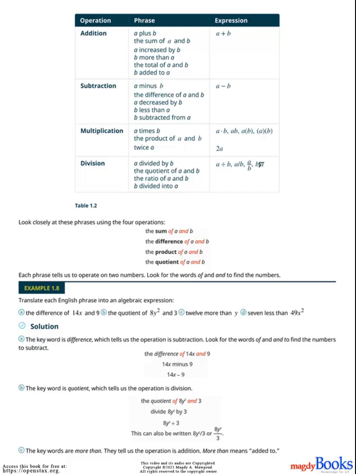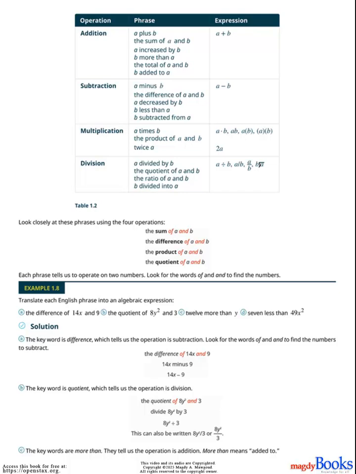The product of A and B. Twice A. 2A. 4. Division. A divided by B. A over B. The quotient of A and B. The ratio of A and B. B divided into A. Table 1.2.